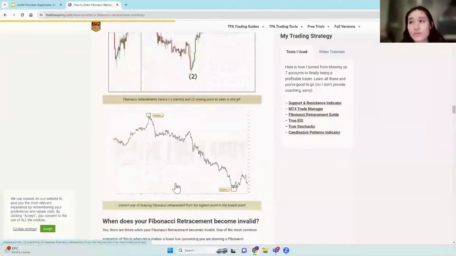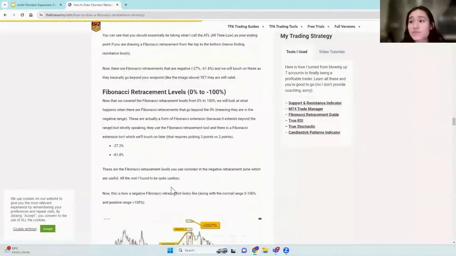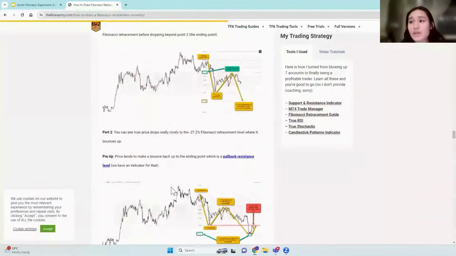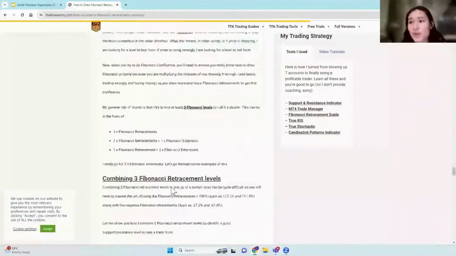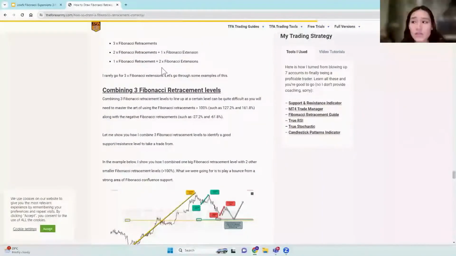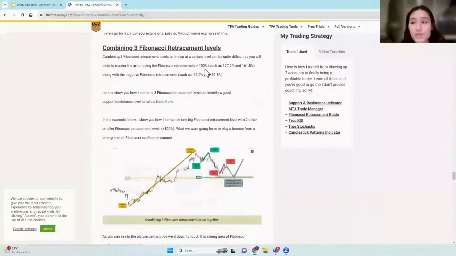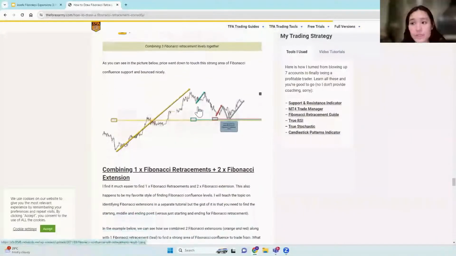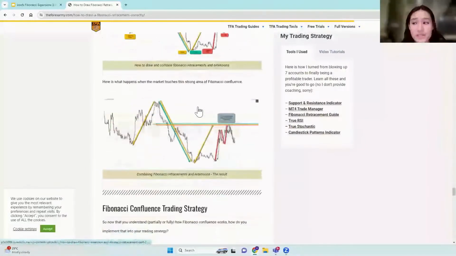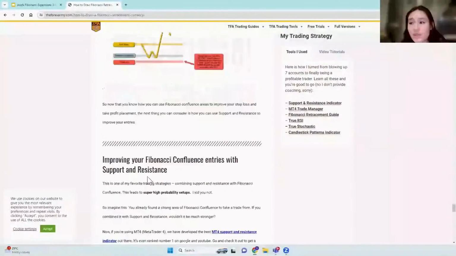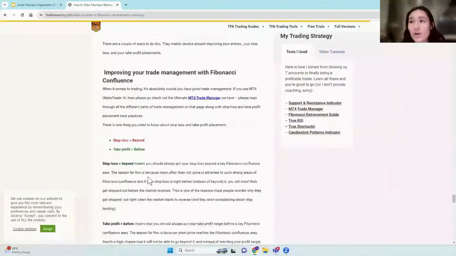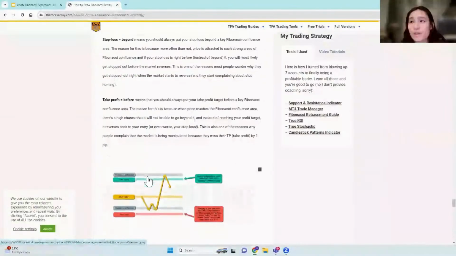Okay, there's some examples here, and they go through each of the Fibonacci levels as well. You can see here, they're talking about combining the Fibonacci levels, which is what we'll talk about later on when we're talking about Fibonacci confluence levels. And here we're talking about trade management strategies.